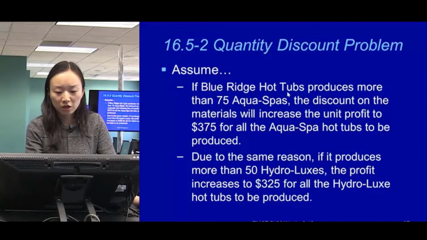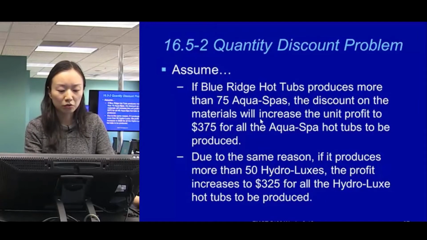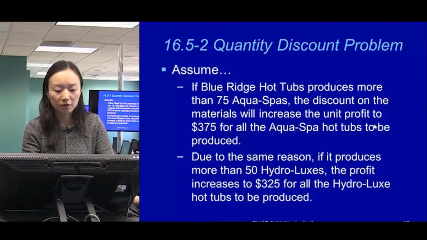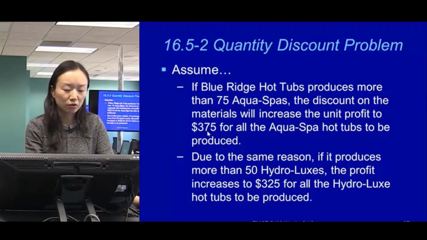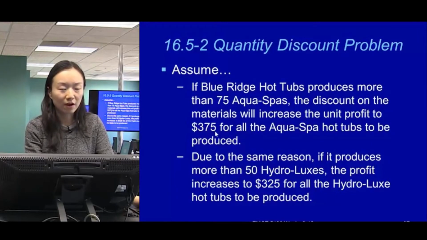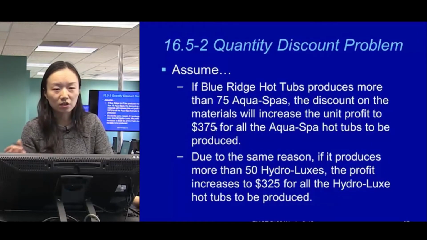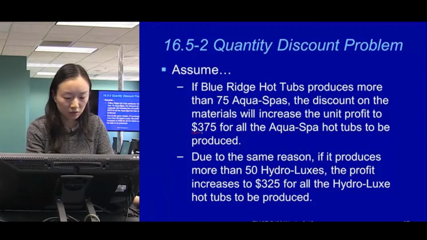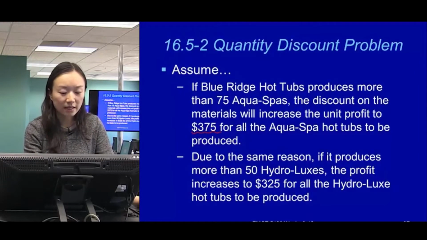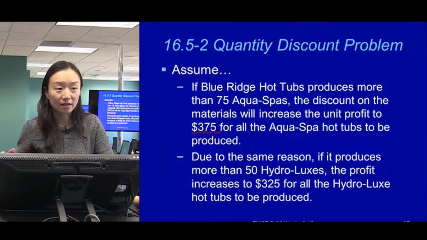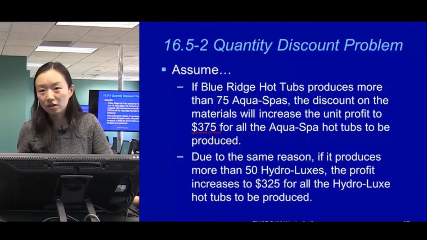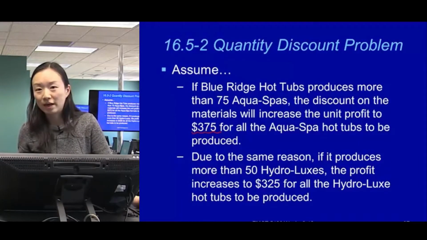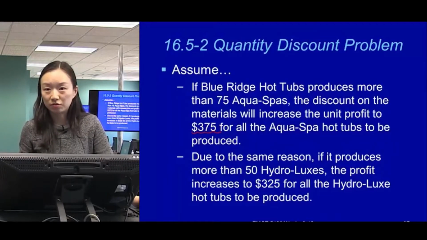If this Blue Ridge hardtop problem produces more than 75 units, okay, the discount on the material will increase the unit profit to 375 for all of them. It's not saying this 375 only applies to the 76th, but instead, if you produce more than 75 units, this increased profit will apply to all the product you produce.